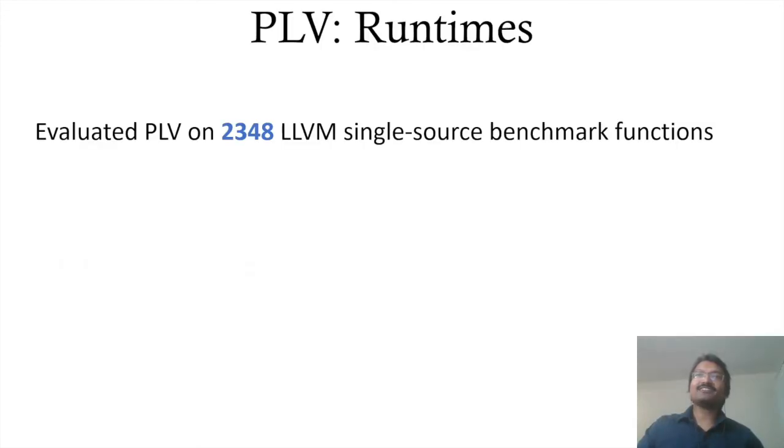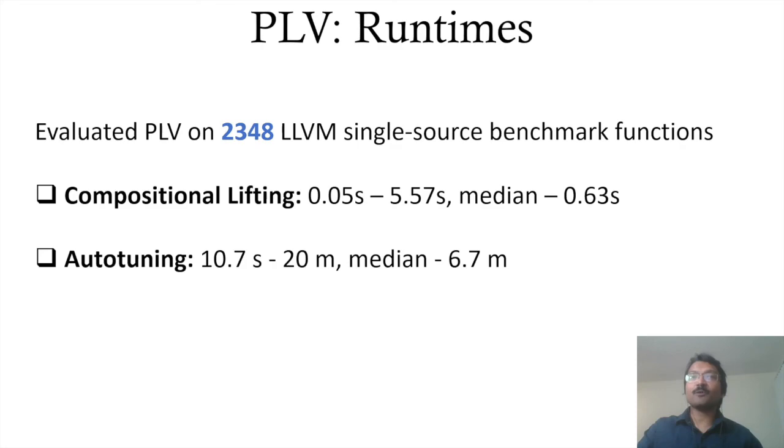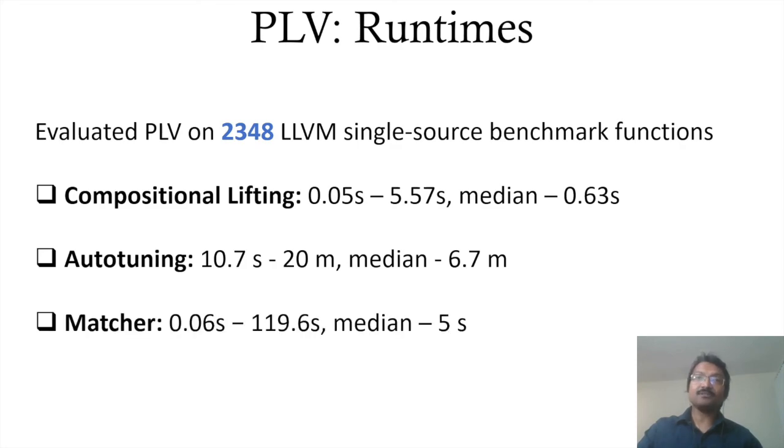Our program-level validation strategy is evaluated on 2,348 LLVM single-source benchmark functions. Following are the runtime of the different components of the pipeline. For example, the compositional lifting takes about 0.05 seconds to 6 seconds, autotuning takes about 10 seconds to 20 minutes, and the matcher takes 0.06 seconds to 120 seconds.